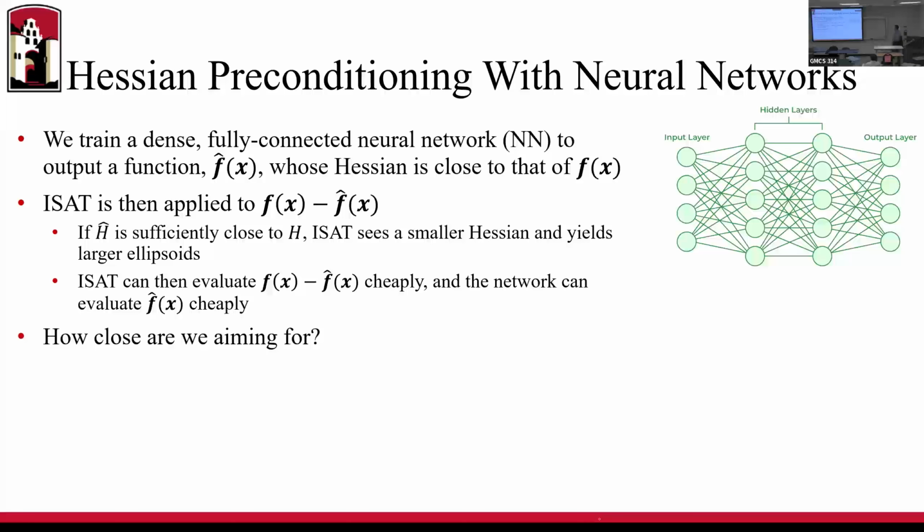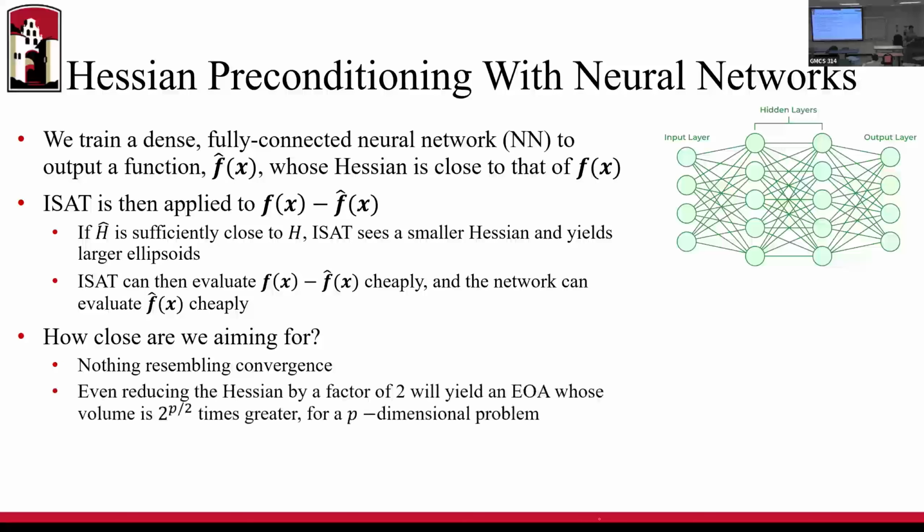Okay, so now we ask, in this Hessian approximation of the function f of x, how close are we aiming for? And the beautiful part is that we don't have to be anywhere near close in terms of convergence. Even if we manage to reduce the Hessian by a factor of 2, which nominally is a terrible error, it is 50%, that will still increase significantly the volume of the ellipsoids that we can take in a large dimensional sample space.